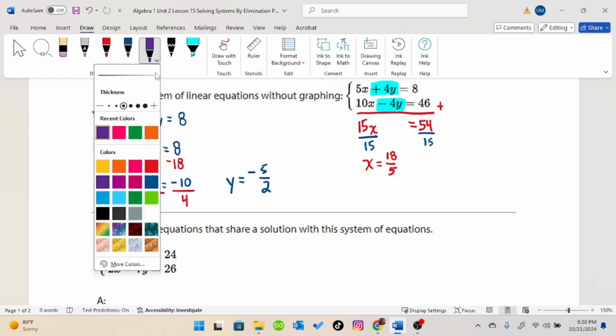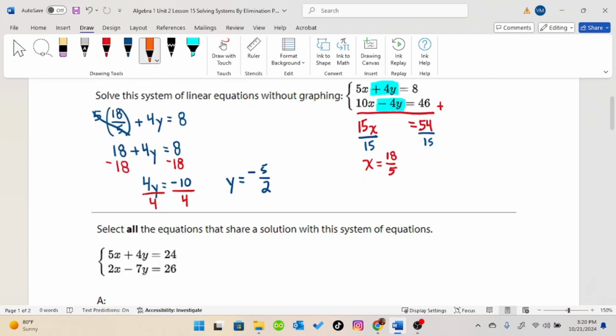So now that we know what x and y equal, our solution is the point pair x equals 18 fifths, y equals negative 5 halves.